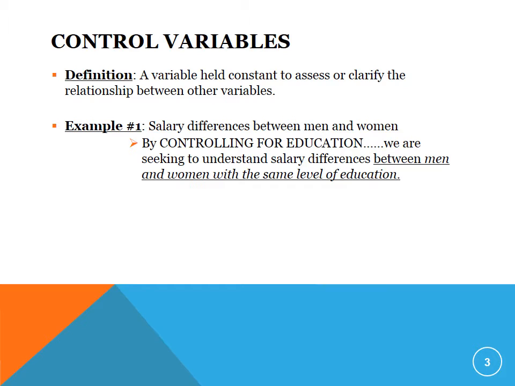So specifically, we want to know whether salary differences between men and women have anything to do with education or not. We're controlling for education, and so what we're really seeing is that if men and women have the exact same level of education, will the salary differences still exist, or will we be at an even slate?